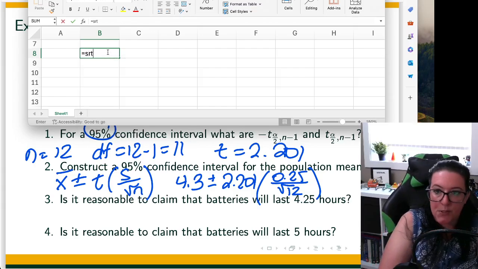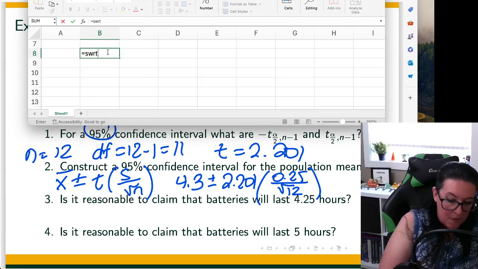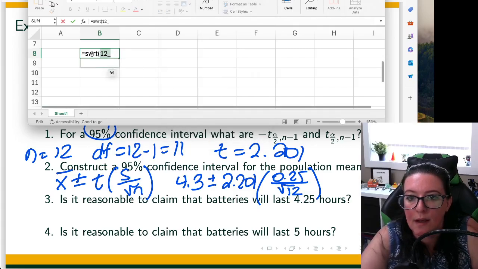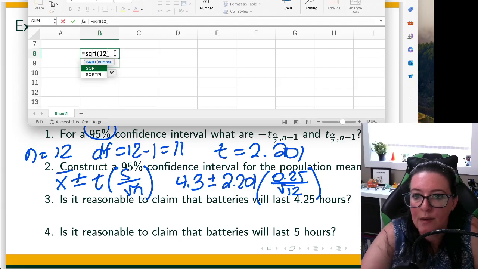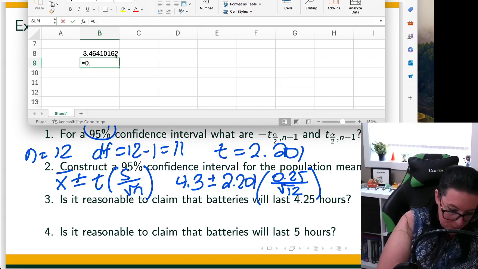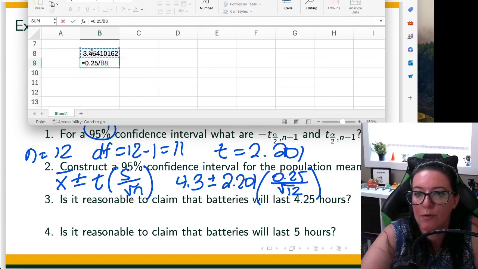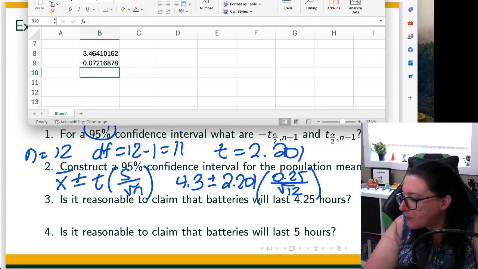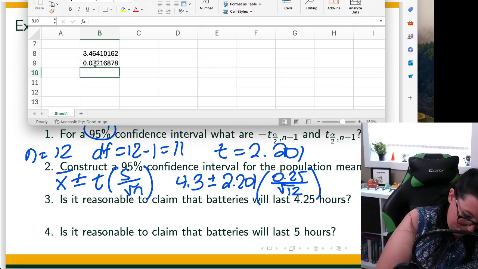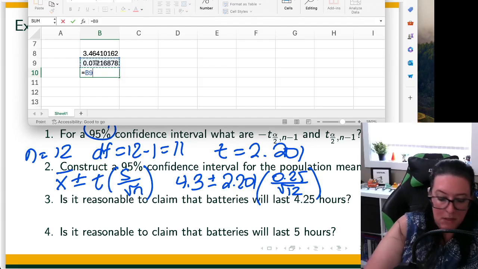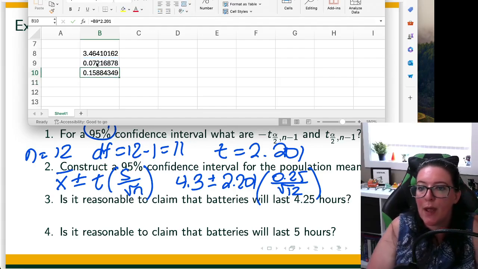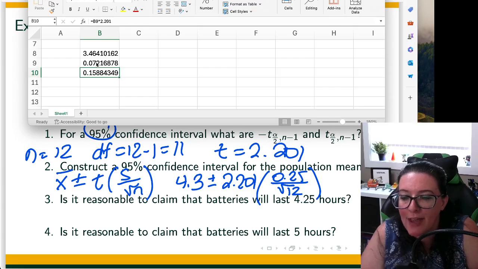So we'll start with our square root of 12. Of course, got to use the right formula. We need SQRT for 12. And we're going to do equals 0.25 divided by that square root of 12. Okay. And then we're going to multiply that times our t, which was 2.201. So we have a margin of error here of 0.1588.